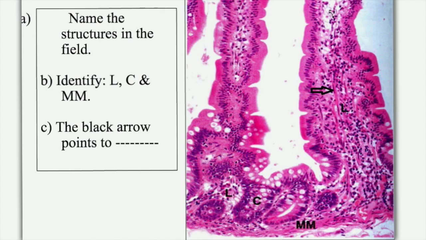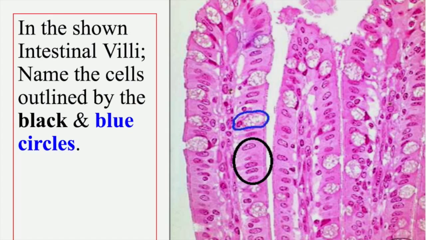C is the crypt of Lieberkühn. MM is the muscularis mucosa. Black arrow, these are smooth muscle fibers present here, and also inside the villus.